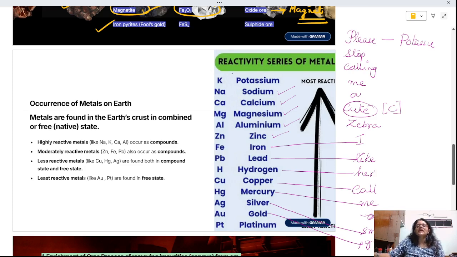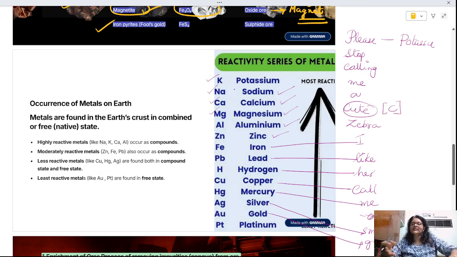So according to the reactivity series, we can say that metals like potassium, sodium, calcium, magnesium are present in more or less all types of salts. Their halides are present, oxides are present, carbonates are present, sulfates, sulfides, nitrates, all of these, because those at the top are highly reactive. They want to make compounds with other non-metals, right?